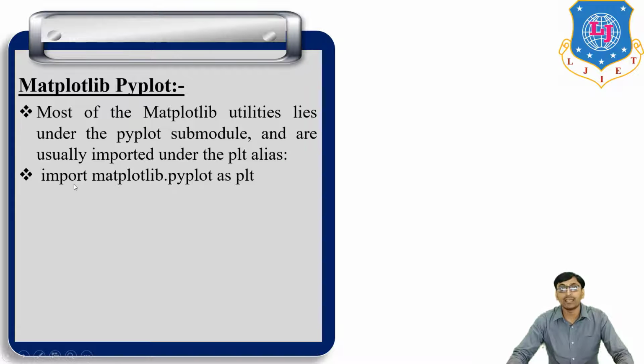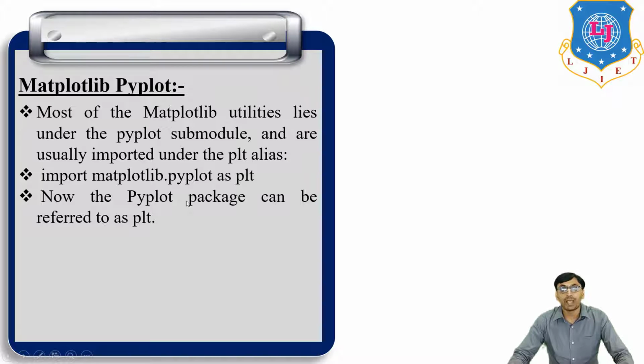So for example, import matplotlib.pyplot as plt. It means we import pyplot with the alias name plt. Okay, so from now onward in our program we use the word plt instead of pyplot. Now the pyplot package can be referred to as plt.